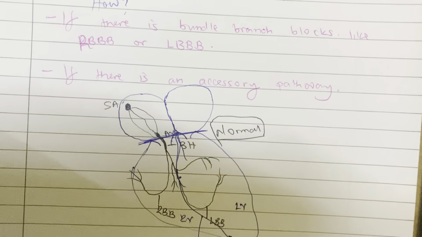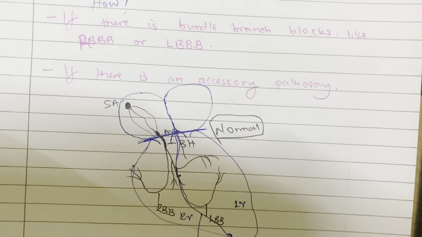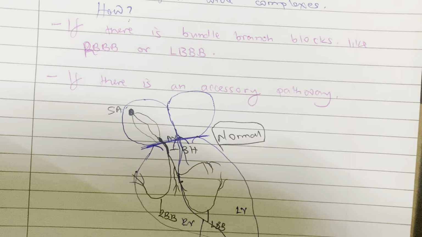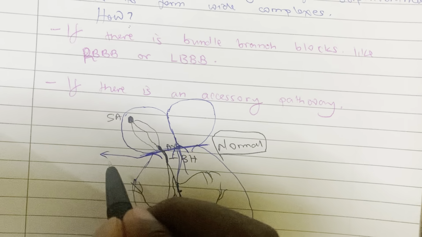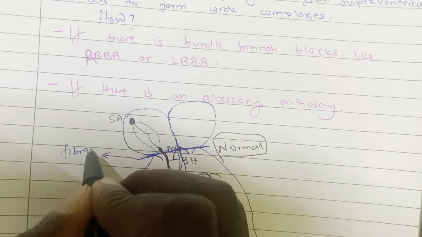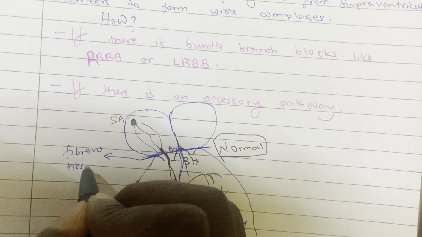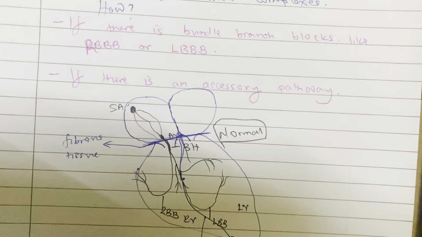There is a line separating the atria from the ventricles, and this line is fibrous. It is a fibrous tissue. It doesn't allow conduction.